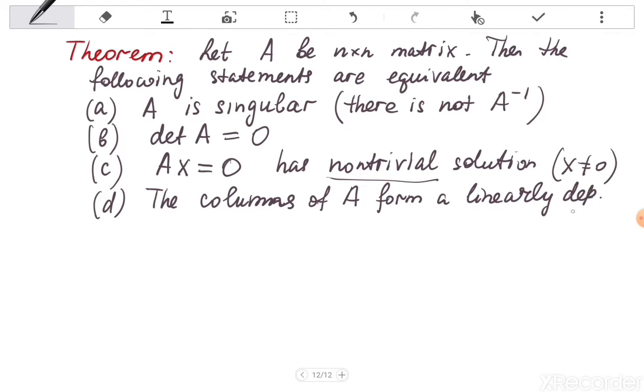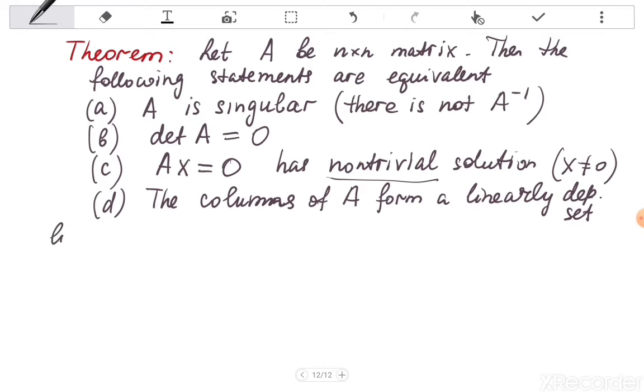Linearly dependent means that there are some numbers, not all zeros, say C1, C2, and so on, Cn, so that the linear combination of these numbers and the columns of A will give you 0.